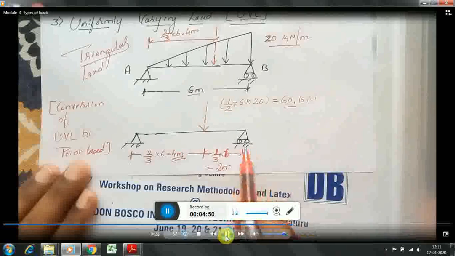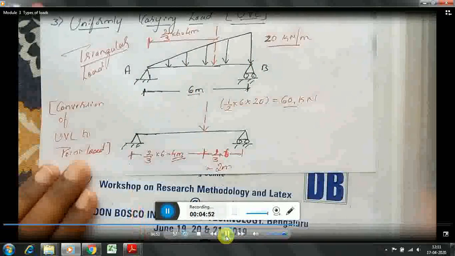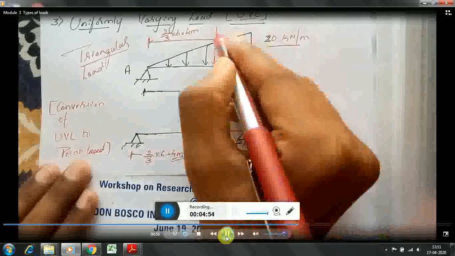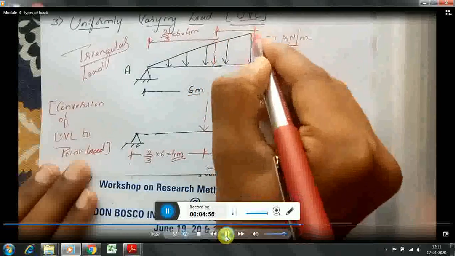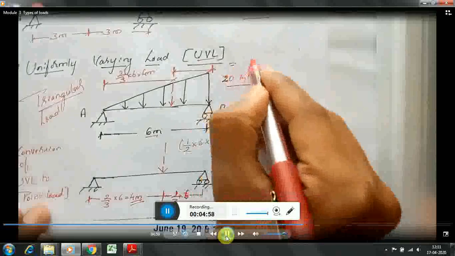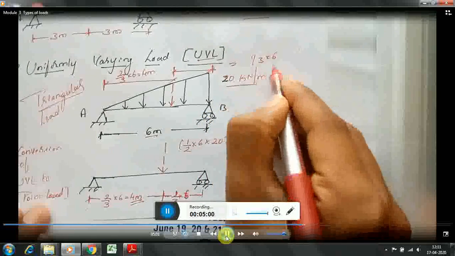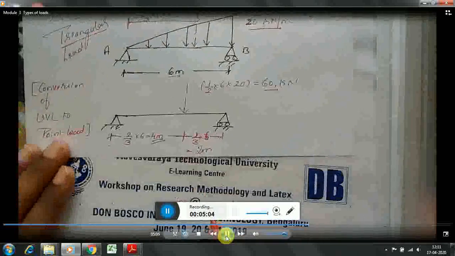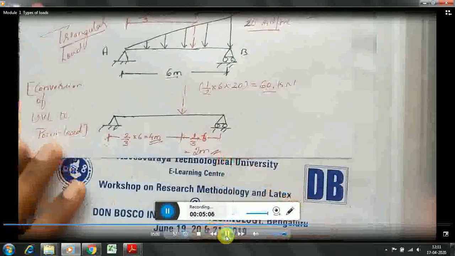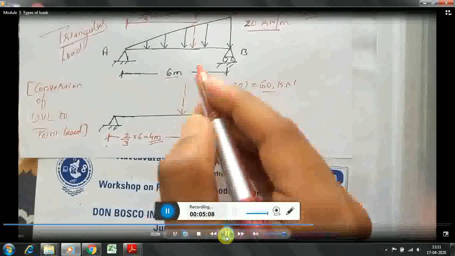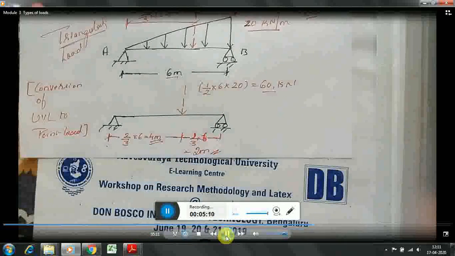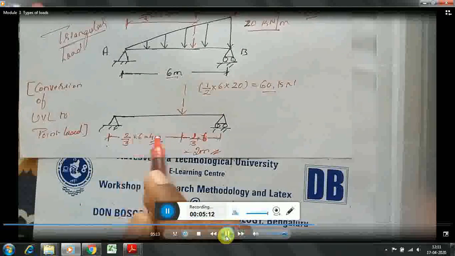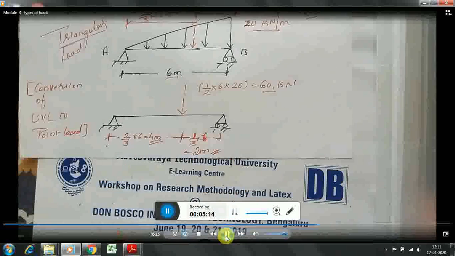From the highest intensity point, from this end, it is 1/3 of 6, that will be equal to 2 meter. That means this point load will act at a distance of 2/3 of 6 from the lowest intensity point and 1/3 of 6 from the highest intensity point.